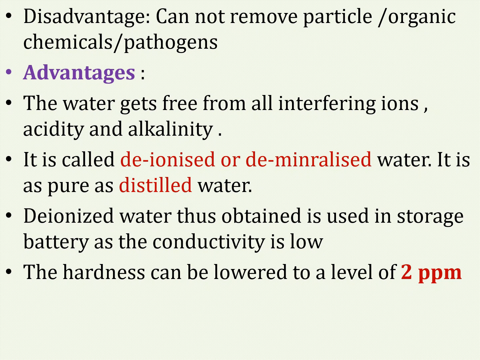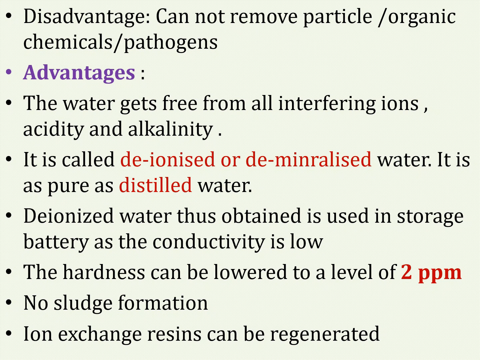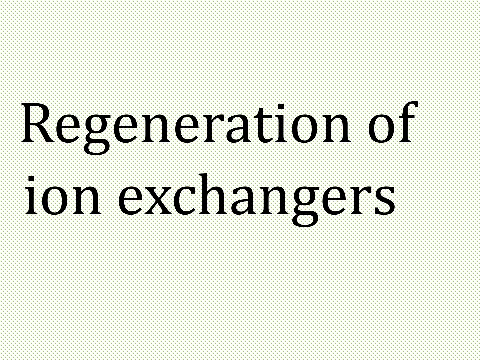And the hardness can be removed up to a very low level of 2 ppm. And there will not be any sludge formation during this process. And above all, once the ion exchangers get exhausted after use, they can be regenerated in this process because the reactions are reversible here. How do we regenerate the ion exchange resins?